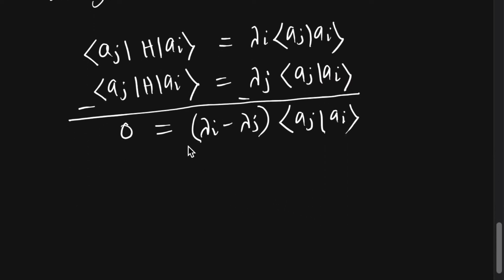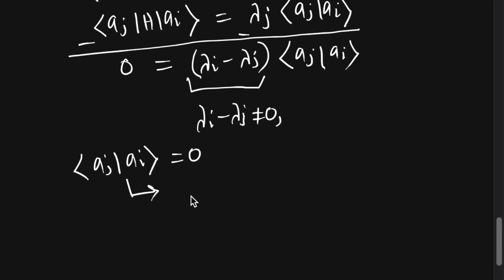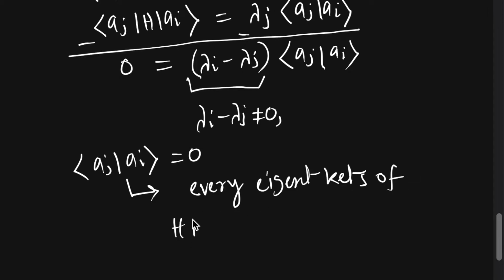Now if we assume that lambda i minus lambda j not equal to 0, then <aj|ai> equal to 0. That means every eigenket of H are orthogonal to each other.